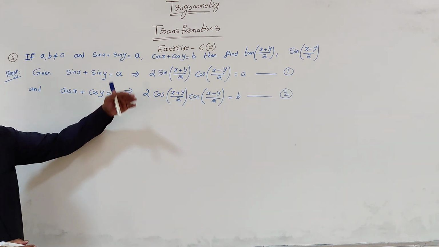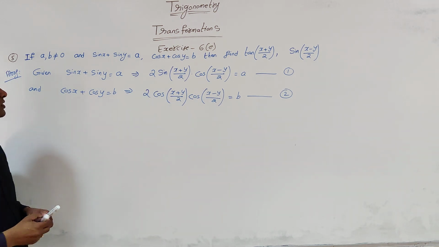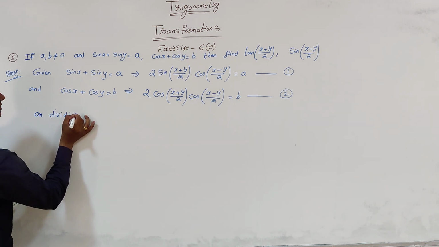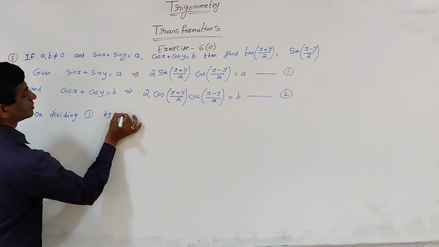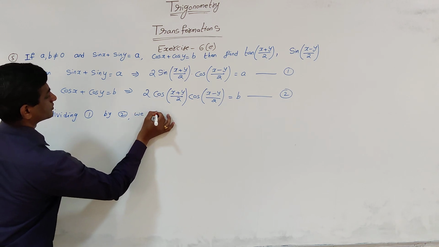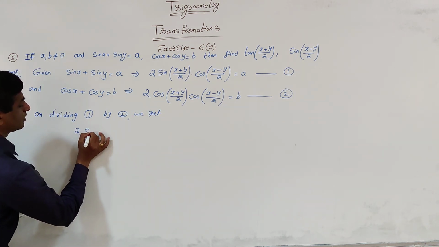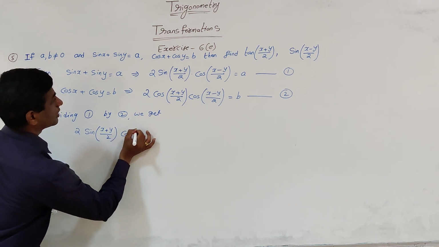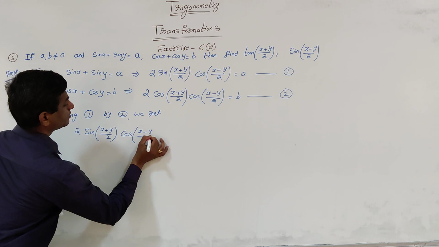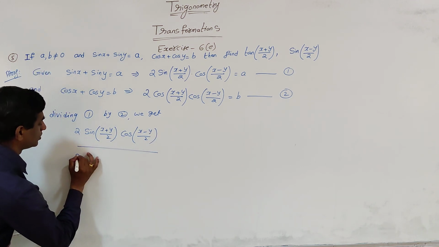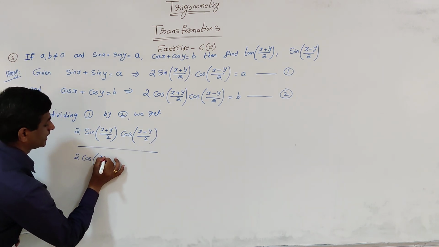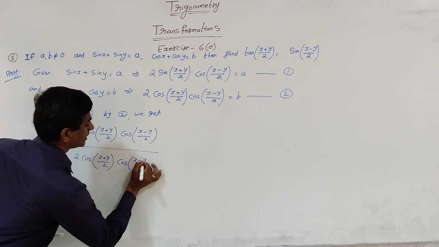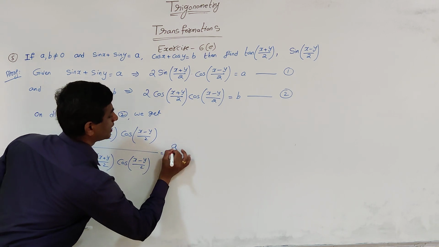Now in order to get tan of (x plus y) by 2, on dividing 1 by 2 we get 2 sin of (x plus y) by 2 cos of (x minus y) by 2 over 2 cos of (x plus y) by 2 cos of (x minus y) by 2 is equal to a by b.